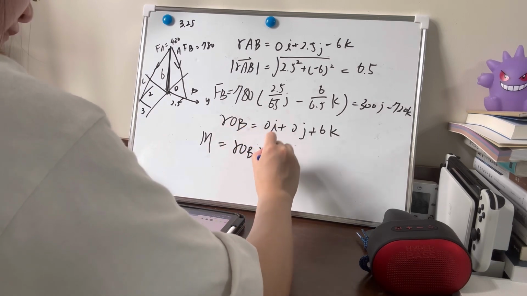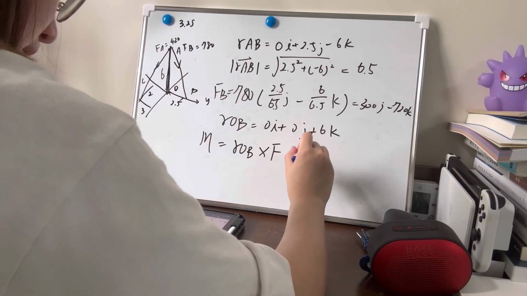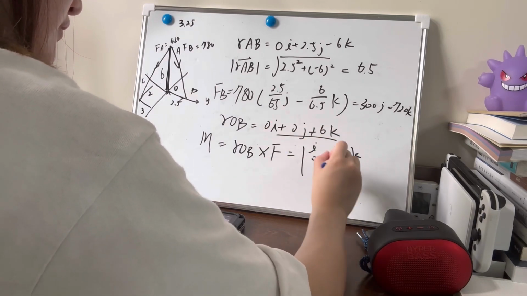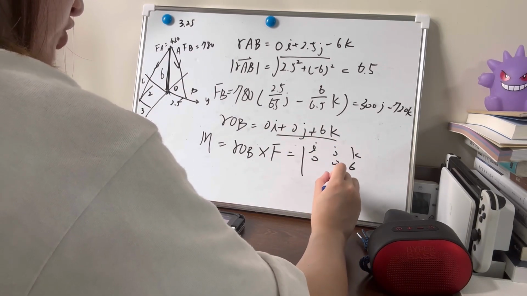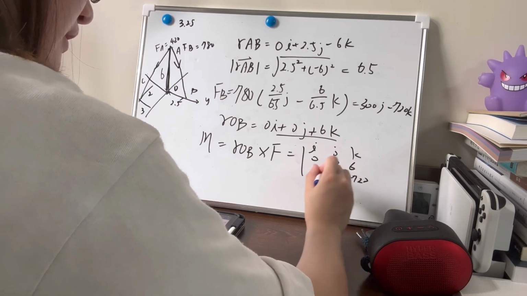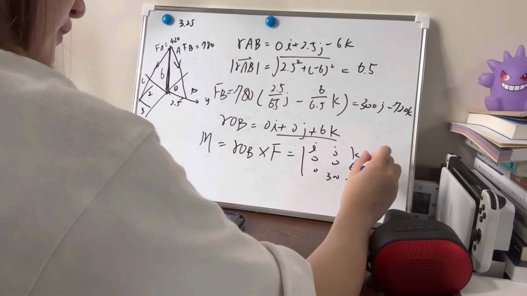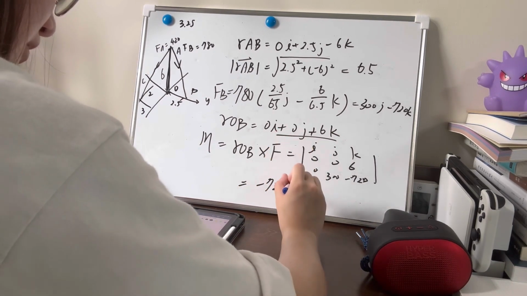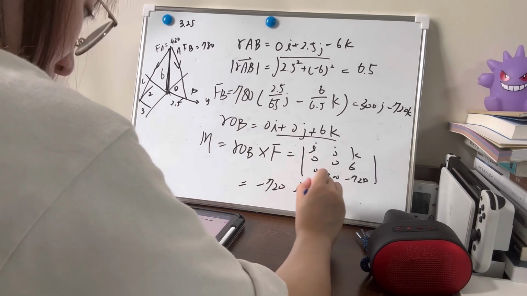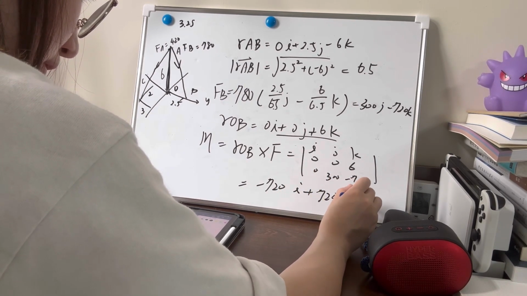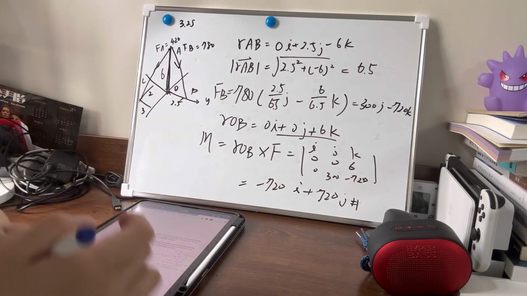It's ROB cross F. It will be I, J, K, 0, 0, 6, and 300, and minus 720. And we know the answer is minus 720 I and plus 720 J.